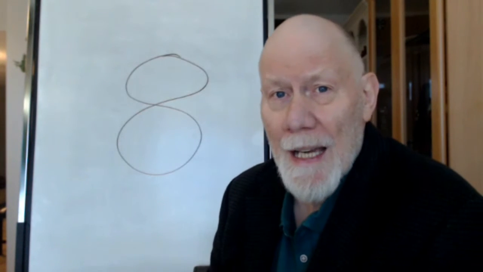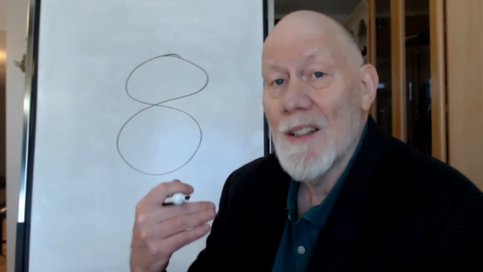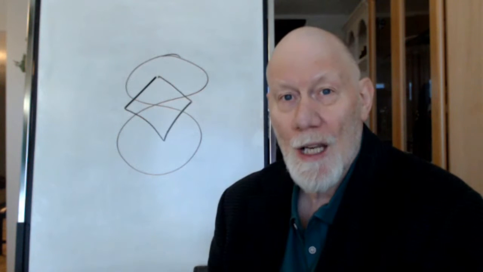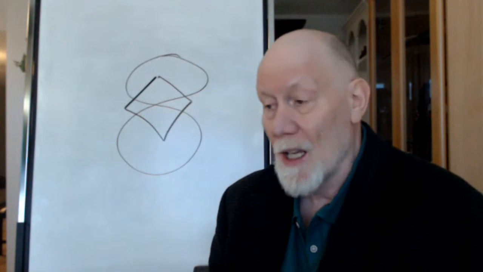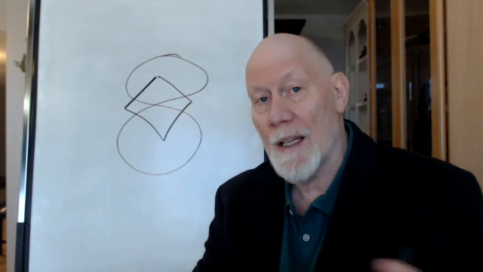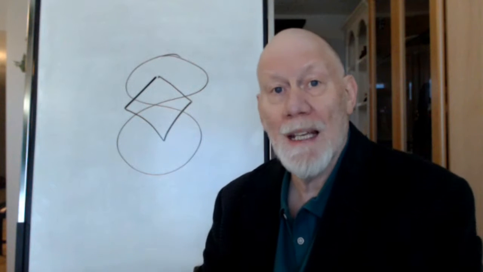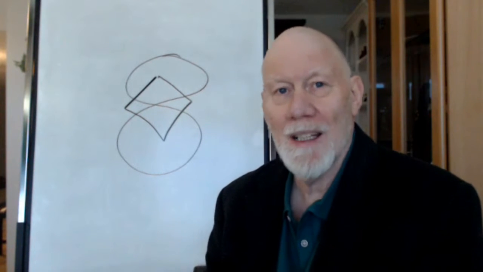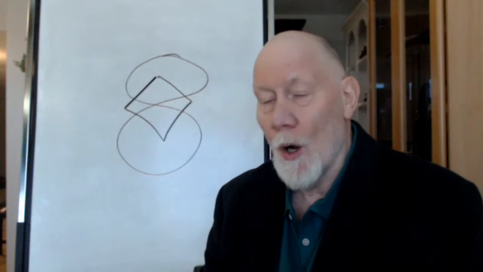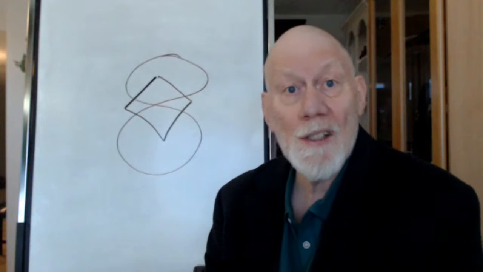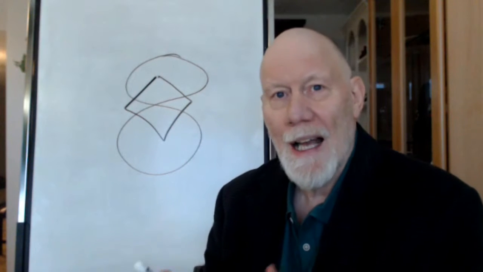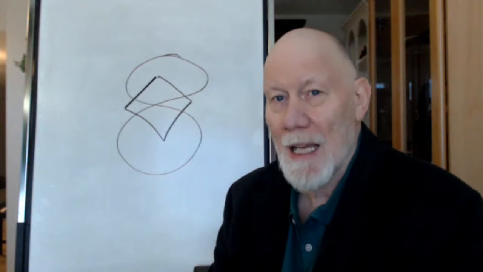So what I'm going to do now is add the decision diamond. It's a shape that's used quite often to highlight where in a flow chart we would make a decision, like yes or no, or follow this line to somewhere else. There is a decision that has to get made.